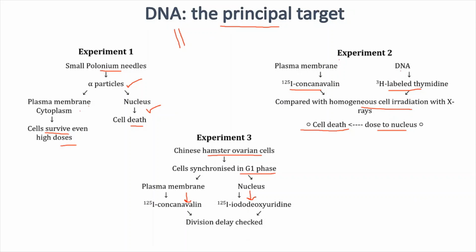The delay in the cell division was checked. As we know, radiation-induced damage will of course influence the cell division. So what we see is that the batch of cells in which the nucleus was radioactively labeled was showing the highest division delay compared to the batch of cells where the plasma membrane was radioactively labeled.